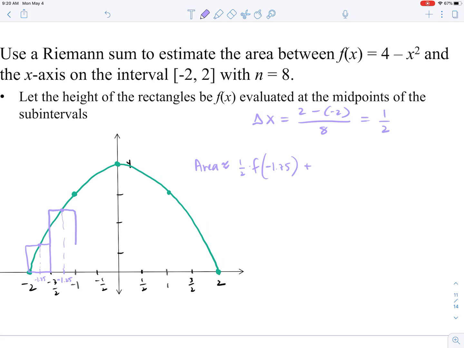Halfway between -3/2 and -1 is -1.25. So the height of our second rectangle is going to be f of -1.25. So 1/2 times f of -1.25 will give us the area of our second rectangle. Halfway between -1 and -1/2 is going to be -0.75.